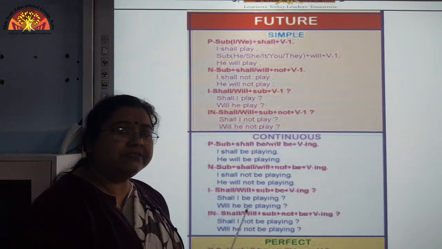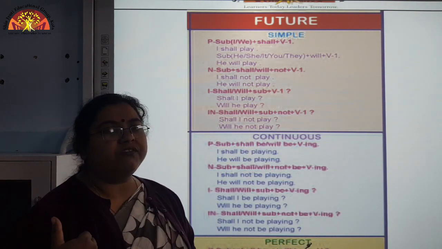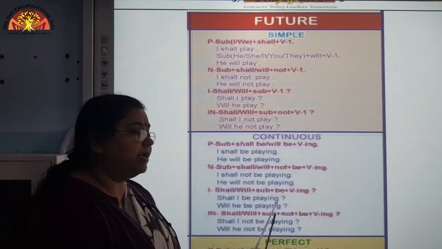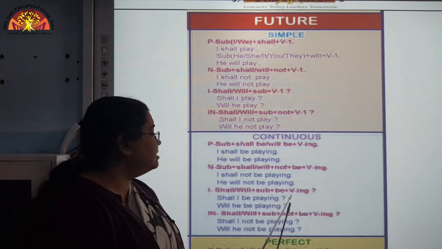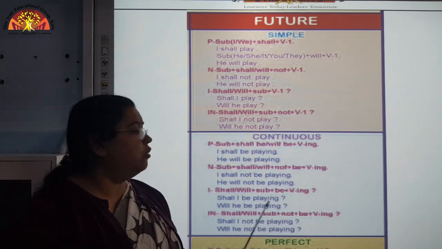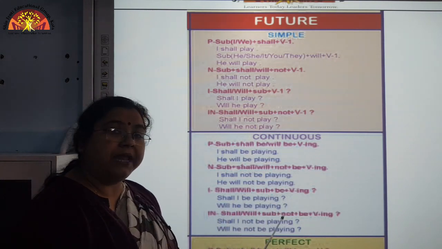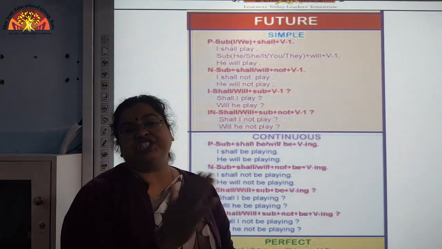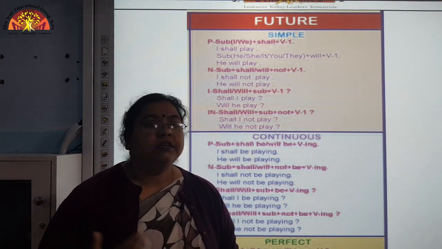Now, interrogative sentence, again we will bring the helping verb first. So, shall or will plus subject plus be plus verb ing form. So, shall I be playing? Will he be playing? Will she be writing a letter? Like this.